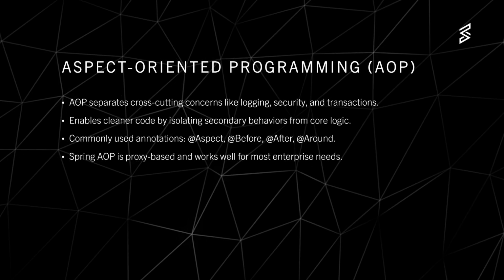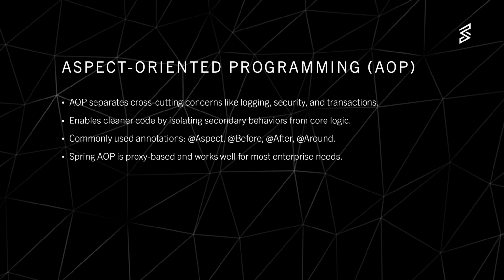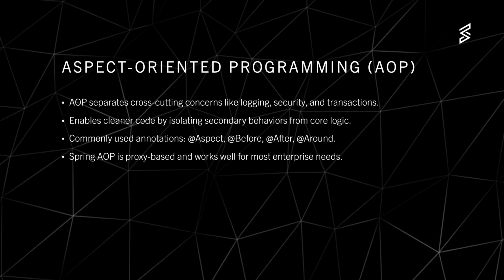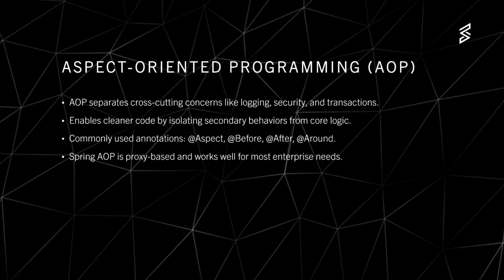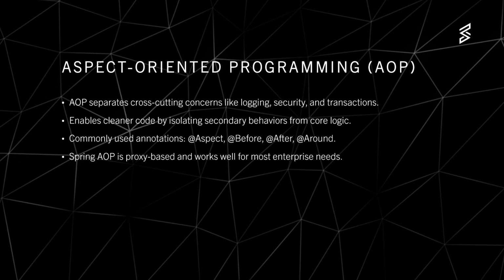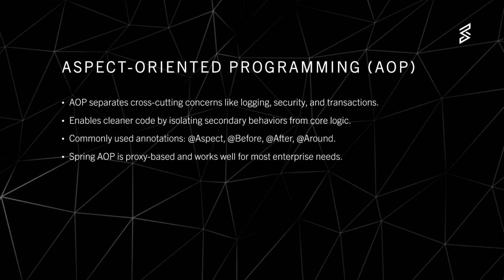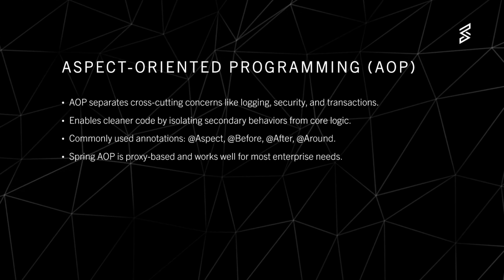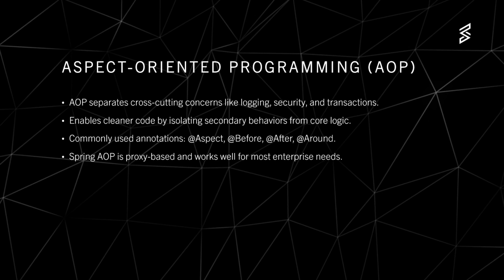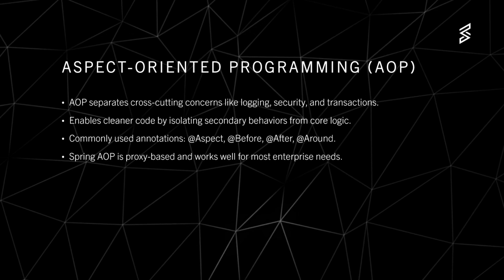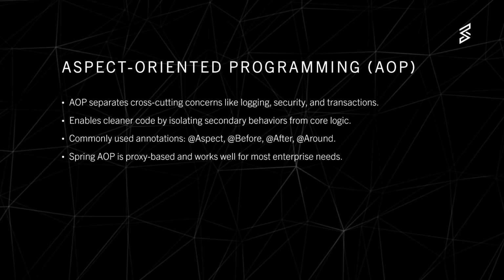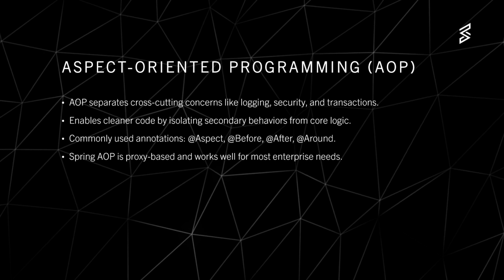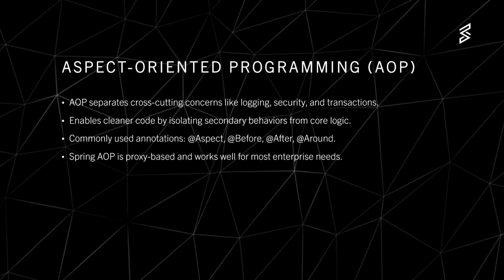Aspect-oriented programming, AOP. Now let's talk about AOP, or aspect-oriented programming. In every application, there are tasks that are common across many areas, like logging, security checks, or performance monitoring. AOP helps you separate these cross-cutting concerns from your core business logic.